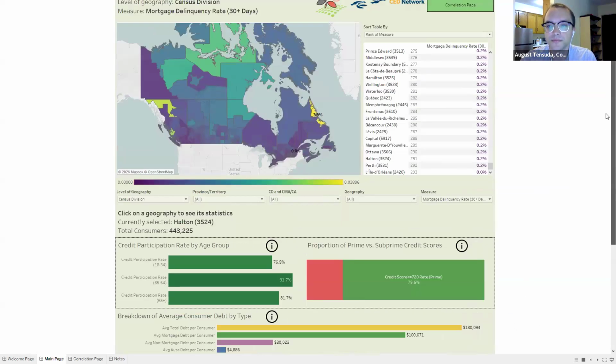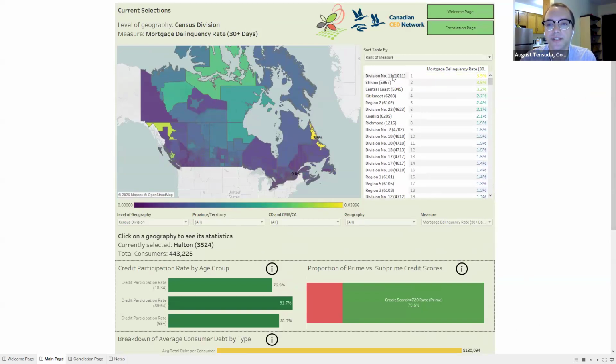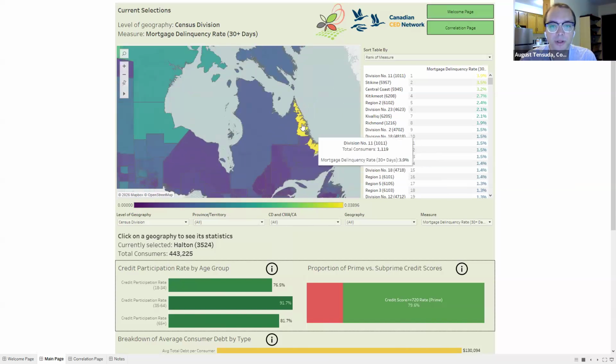And then the highest mortgage delinquency rates are happening in division number 11 with 3.9%. And if we take a look at the map, we can see that the more rural areas, it seems, tend to have a bit higher of a delinquency rate. In division number 11 over here.